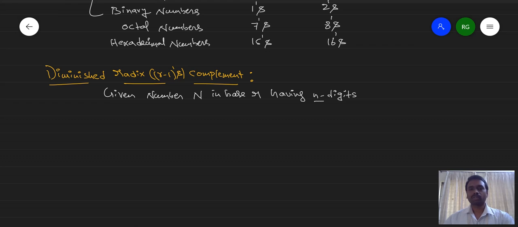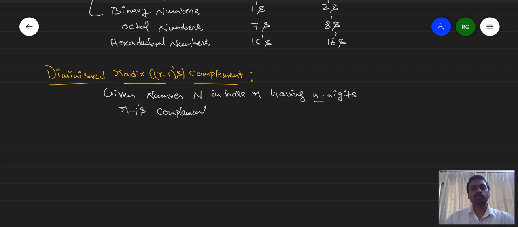So we assume a general number N in base r having small n number of digits.